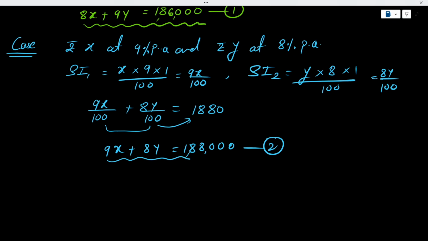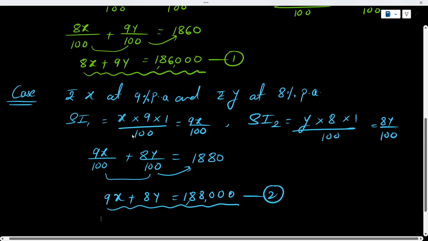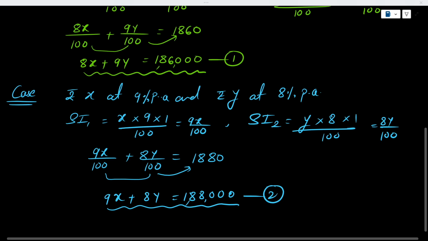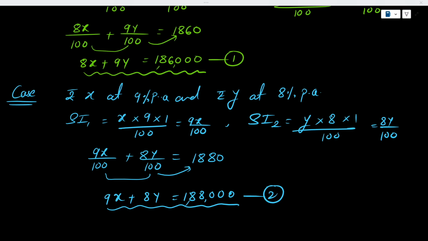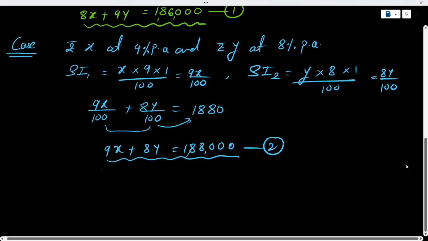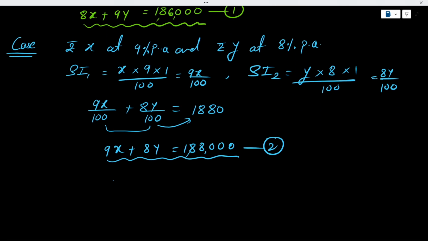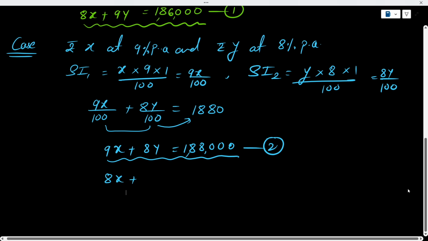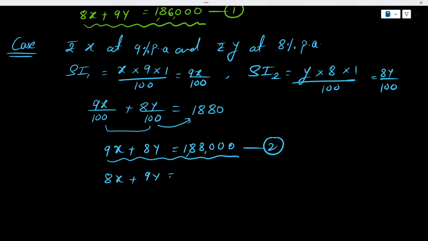Now, how do we simplify this equation 2? You can see how I'm going to solve it here. Because it's a smaller value, I can take the first equation also and write them together. 8x plus 9y is equal to 1,86,000.